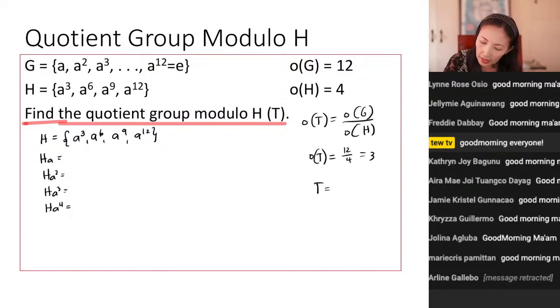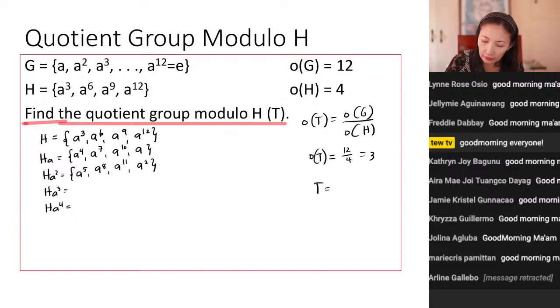Okay, so let's answer HA muna. That will give A to the 4, A to the 7, A to the 10, and A. Babalik sa A kasi 13 na siya. Next, HA squared will be A to the 5th, A to the 8th, A to the 11, and A squared.